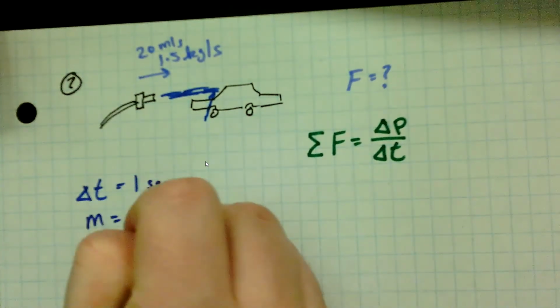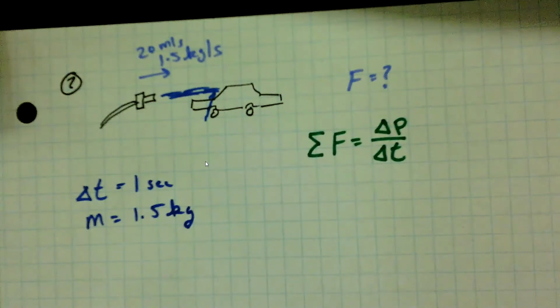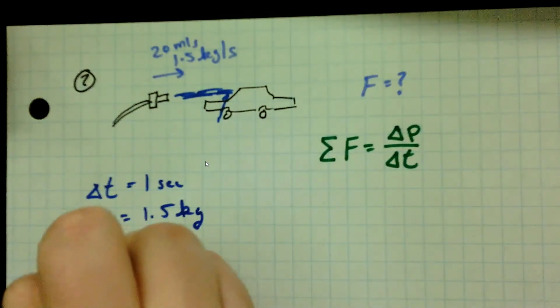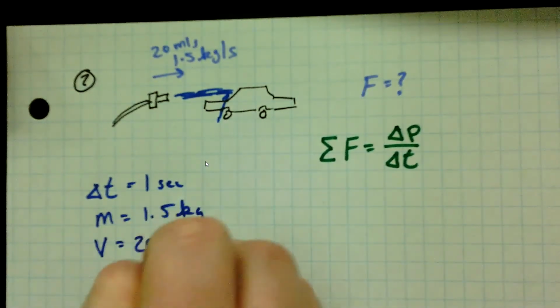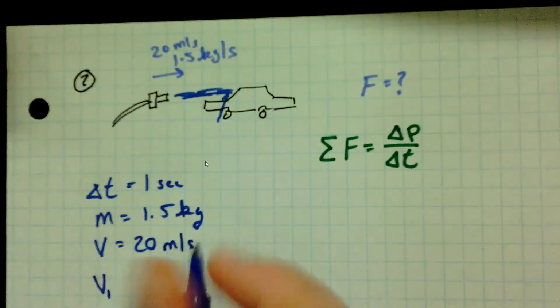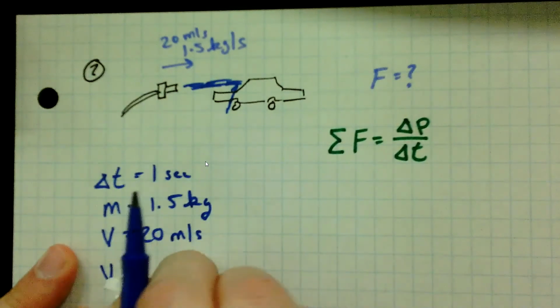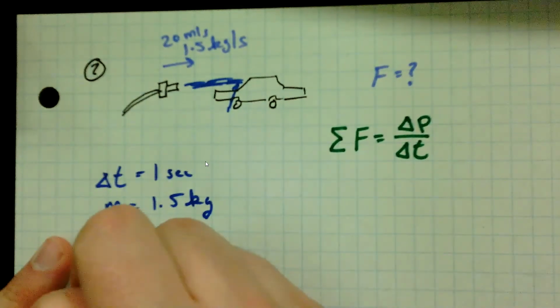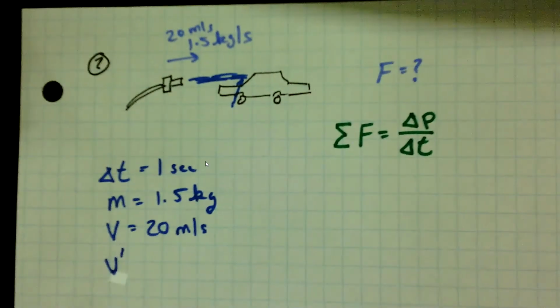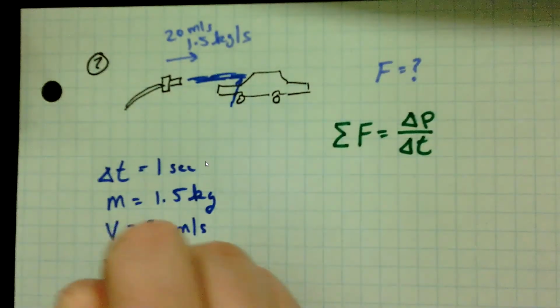1.5 kilograms, right? And it's going at an initial speed of 20 meters per second, and probably, at least in the X direction, right? If it hits the car, that's supposed to be a V prime, not a V1. So once it hits the car, it's probably going to come to a stop.